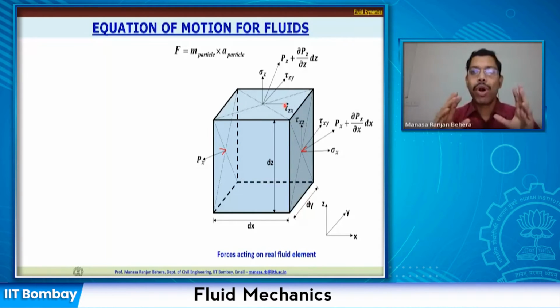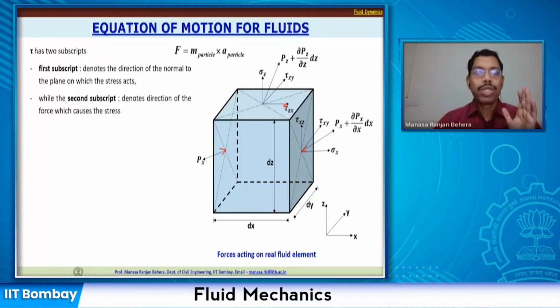Before that, I'll quickly explain the subscripts for the tau. The first subscript denotes the direction of the normal to the plane on which the stress acts. So in the case of tau xy, x represents the direction of the normal to the plane on which the stress acts.